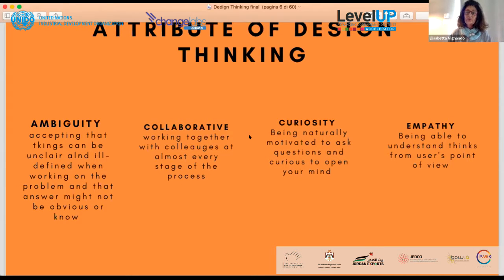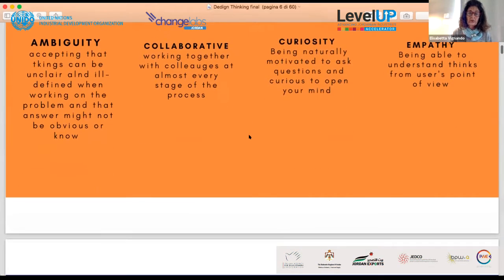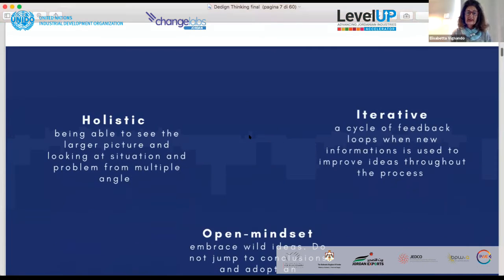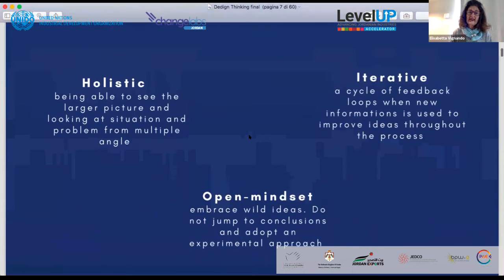Then we have to create empathy, to be able to understand things from the user's point of view. This is very, very important. The other 3 points are that we have to have a holistic approach, being able to see the larger picture and look at the problem from multiple angles.